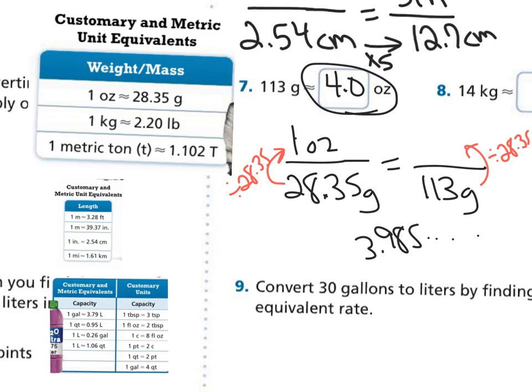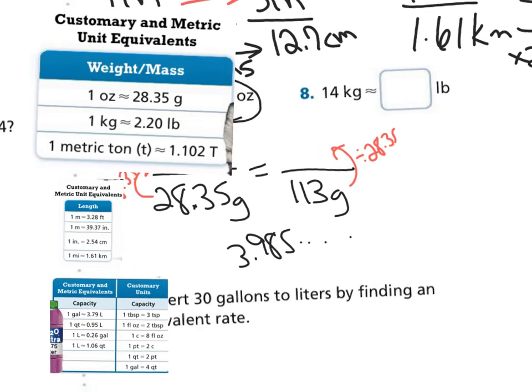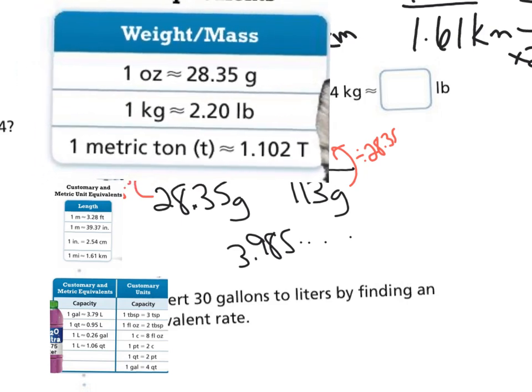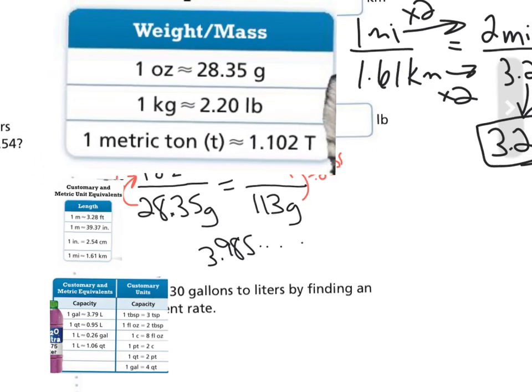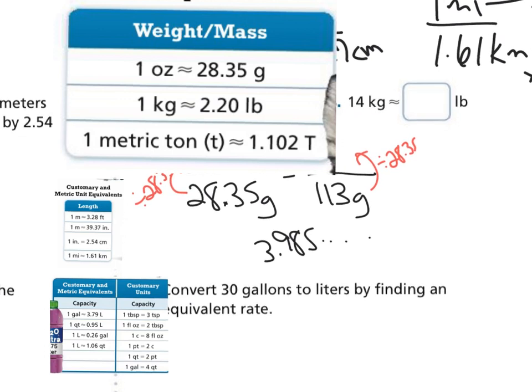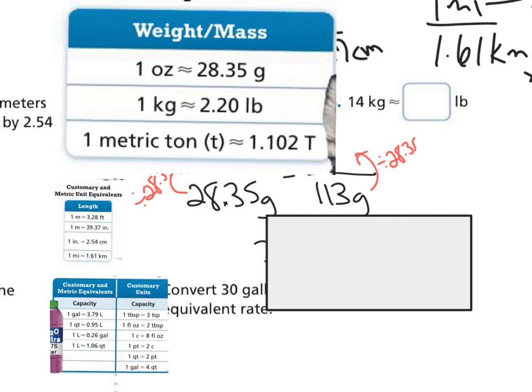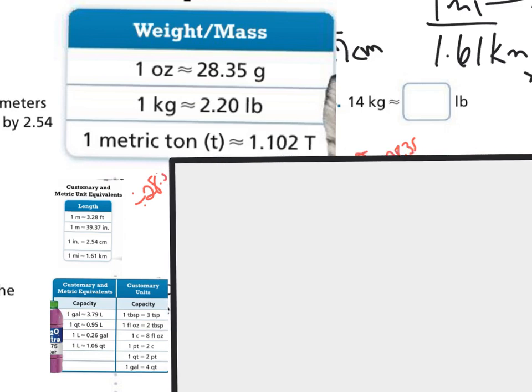And if you look at number 8, you've got 14 kilograms. We're trying to go to pounds. So kilograms to pounds, that's on that same table there. So for this one, we know 1 kilogram is about 2.20 pounds.